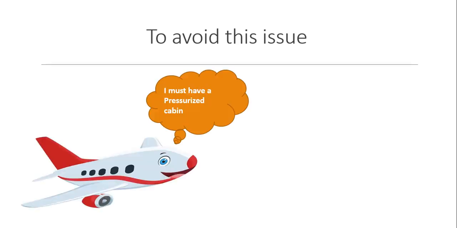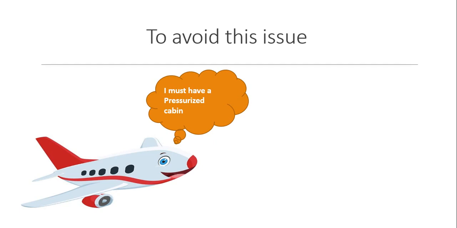In order to avoid the issues of using the oxygen mask, because this oxygen will remain for everyone inside the cabin of the aircraft only for a certain period of time. After that we can't maintain the oxygen inside the aircraft, and serious issues will happen for the passengers.